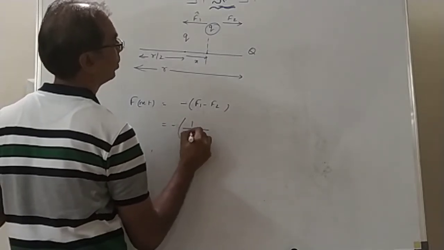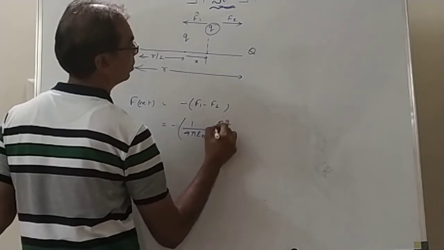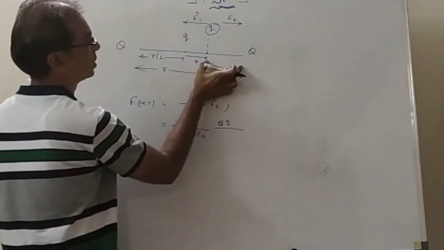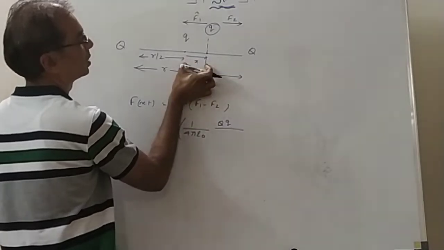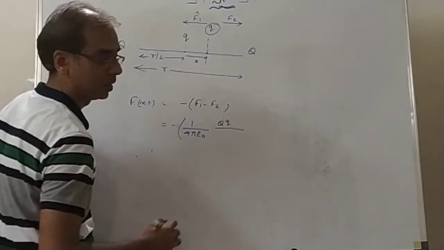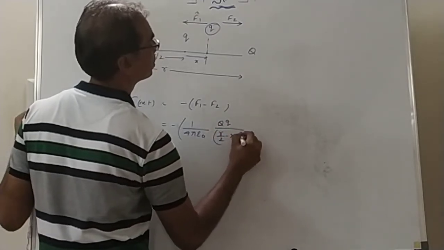So what is my F1 now? 1 by 4 pi epsilon naught q into q by this distance. This was r by 2, now this is x, so this will be r by 2 minus x whole square.